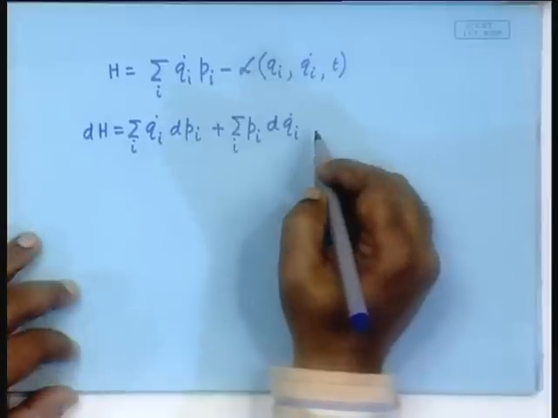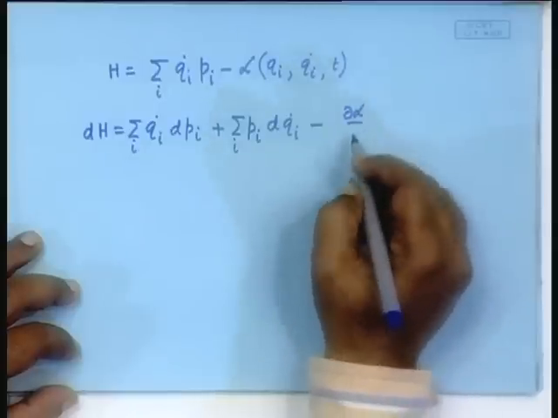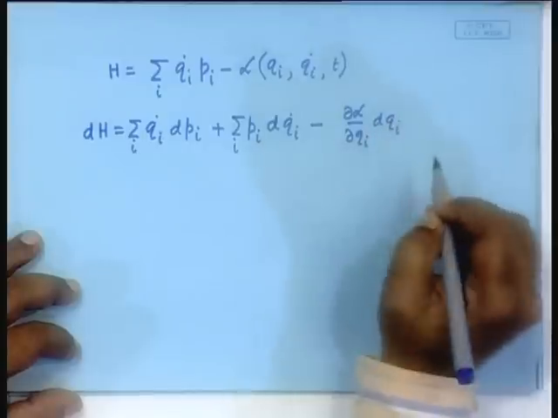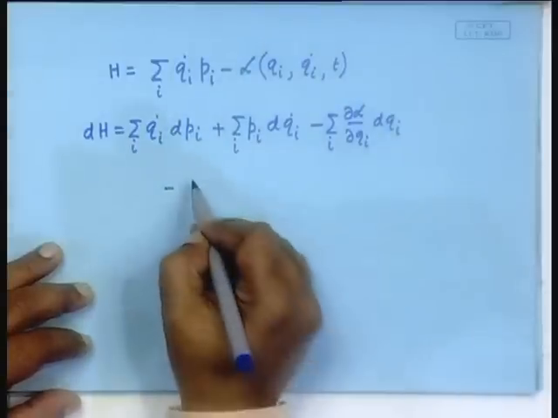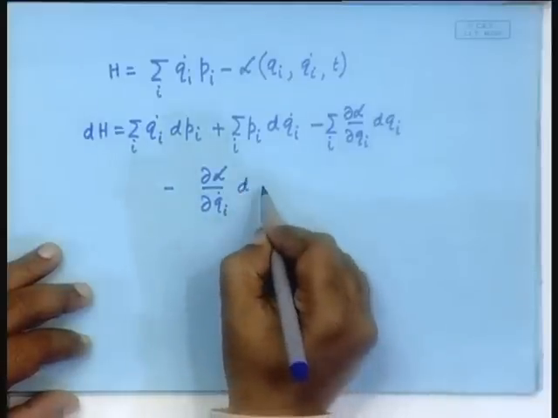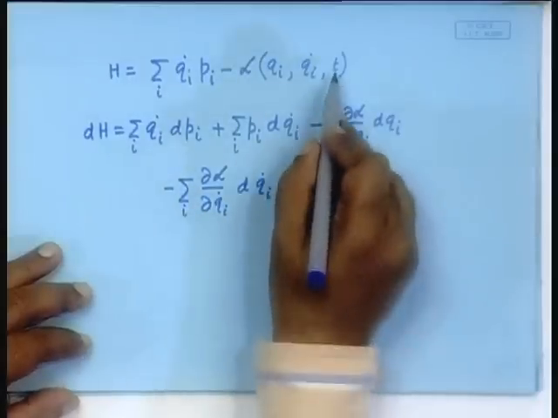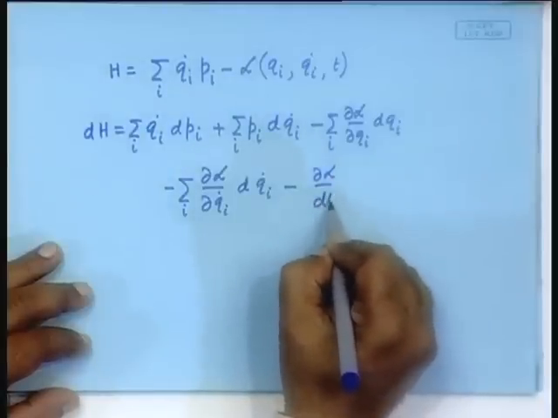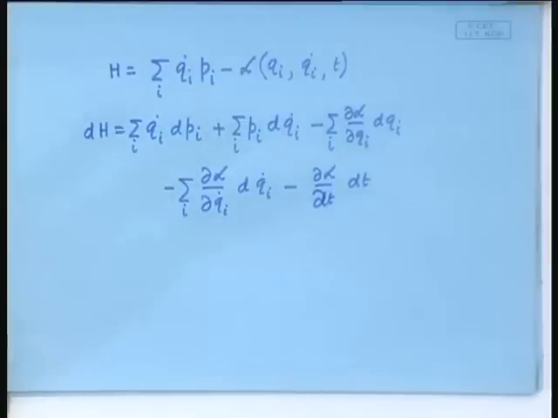So, it will have to be written as minus derivative of the Lagrangian with respect to q I, d q I, also summed over I, minus derivative of the Lagrangian with respect to q I dot, d q I dot, again summed over I, and time it will not have to be summed over, it is derivative of the Lagrangian with respect to t, sorry, that completes the story.